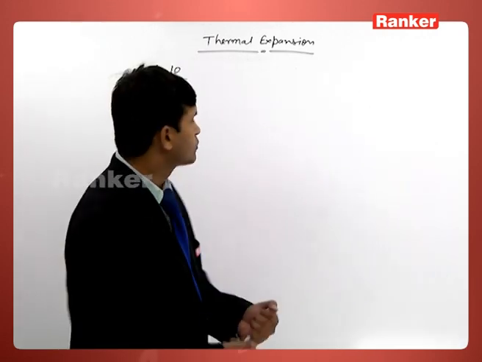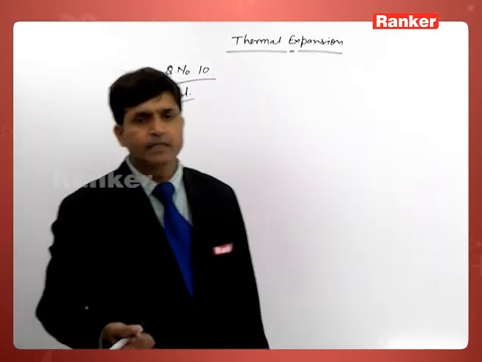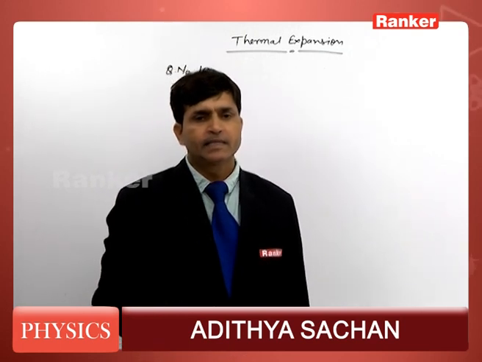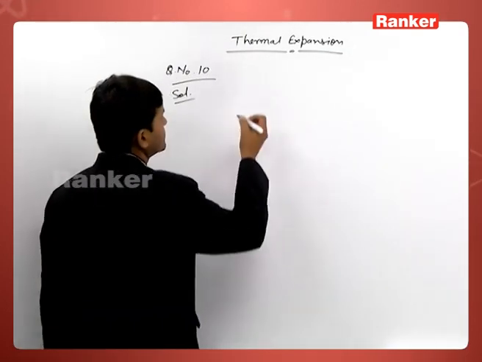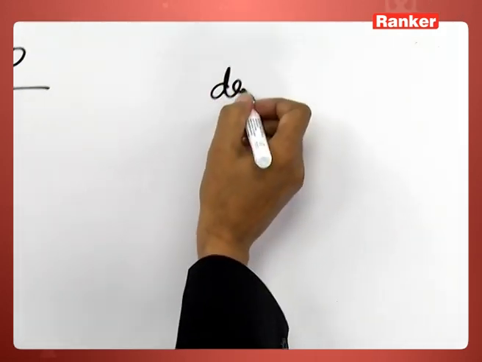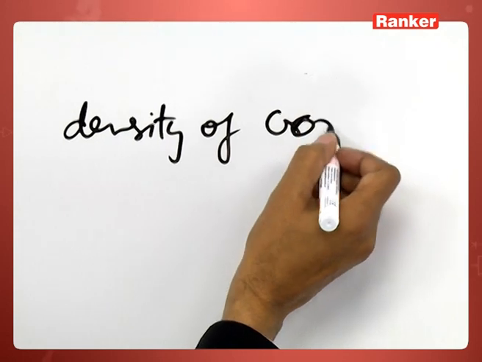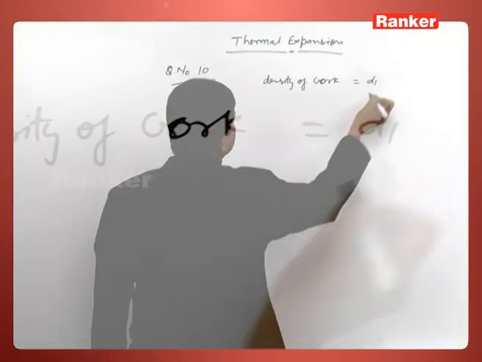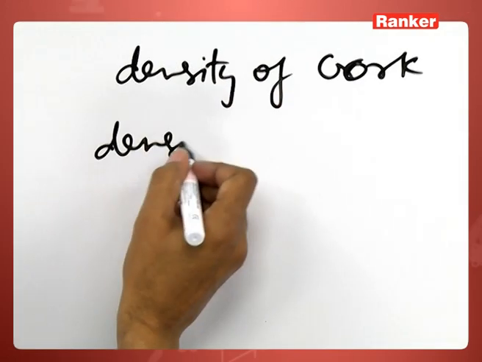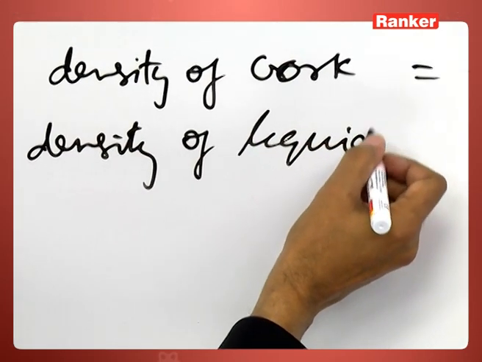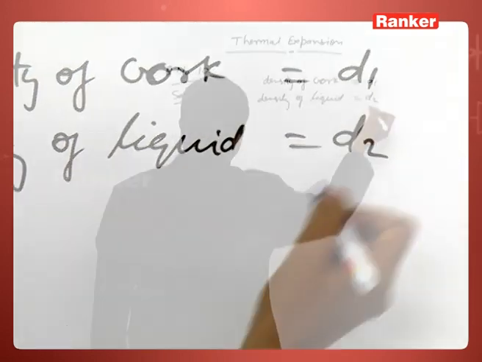Now see here how to do this one. First thing, the density of the cork material is D1, while the density of the liquid is D2. Density of cork is D1. Density of liquid is D2.